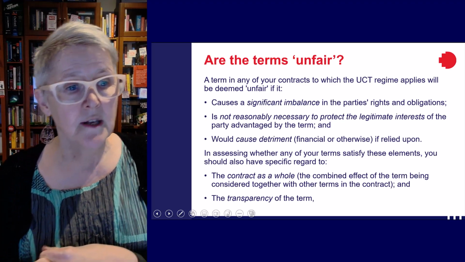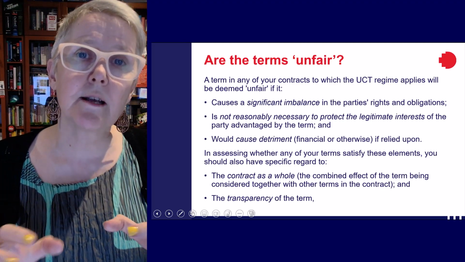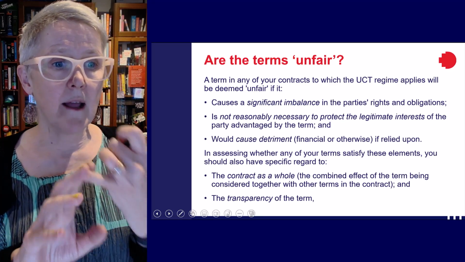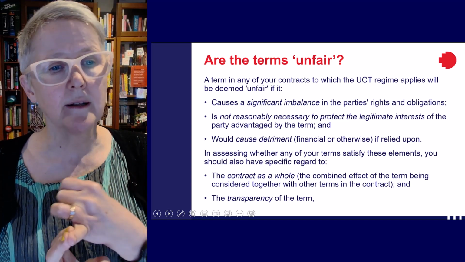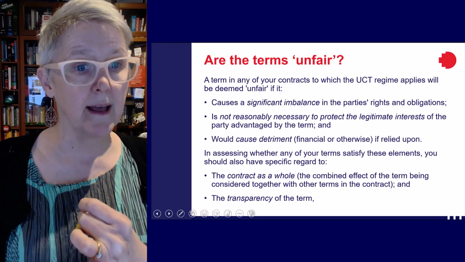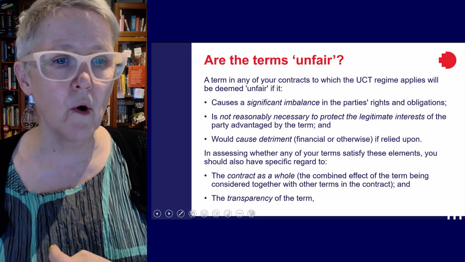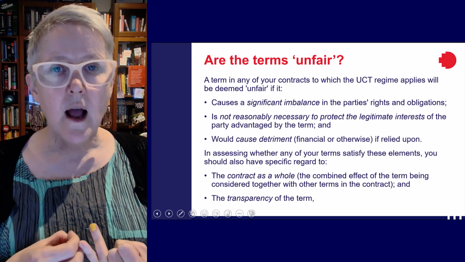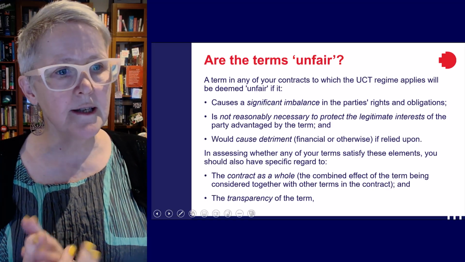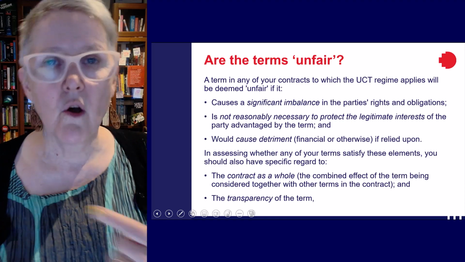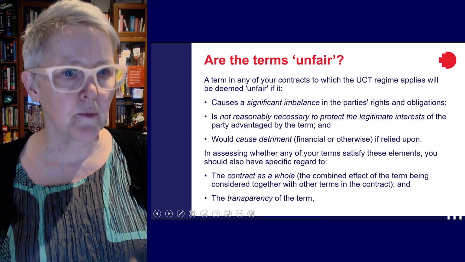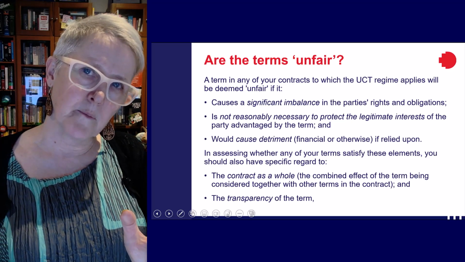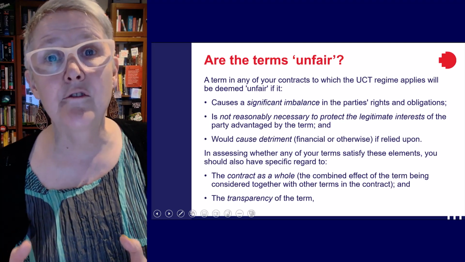So if you want to recommend that the business you're working for limits its risk in relation to a particular AI, big data or blockchain technology by including disclaimers and limiting or excluding the liability of the company for risks associated with that technology, or which provide for broad indemnities in relation to any loss or damage suffered by you as a consequence of the use of these technologies, or which automatically roll over the terms without you necessarily paying attention to what those terms are, or give you the right to unilaterally change the terms of the agreement at some point, then you are at risk of those terms being unfair contract terms.